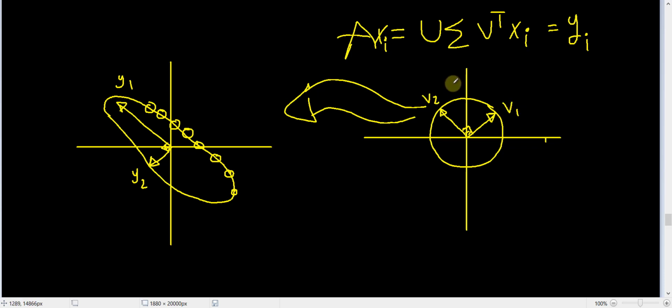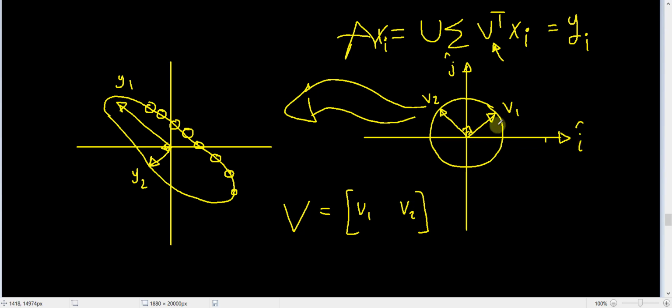Why? Because if you rotate those vectors using this rotation matrix right here, you will get the original i cap and j cap directions. Because the matrix V itself, which is equal to V1 and V2, will rotate all your space such that i cap will correspond to V1, the first unit vector, and j cap will correspond to the second unit vector, V2.